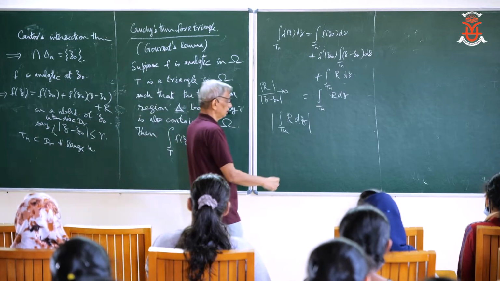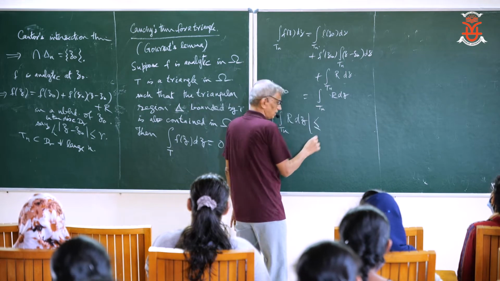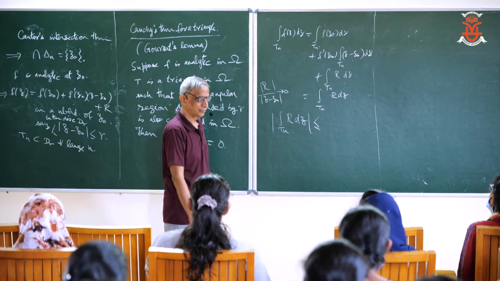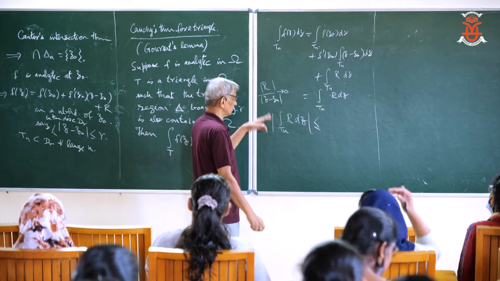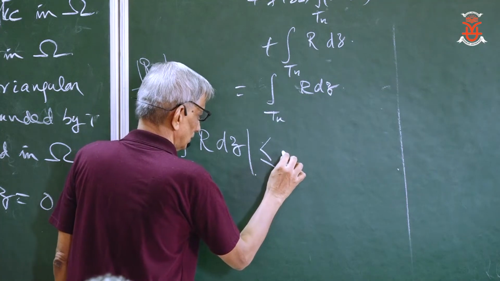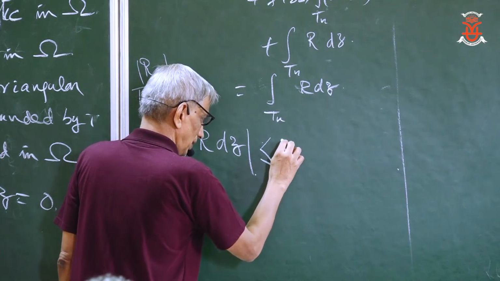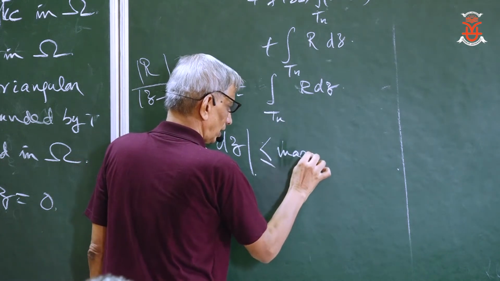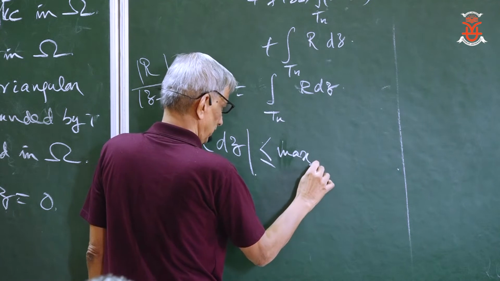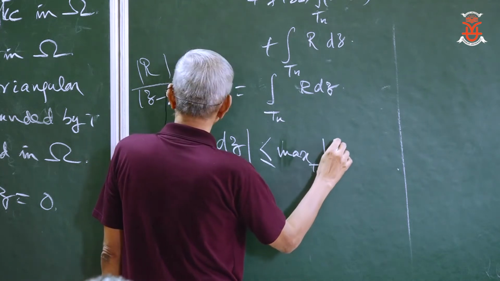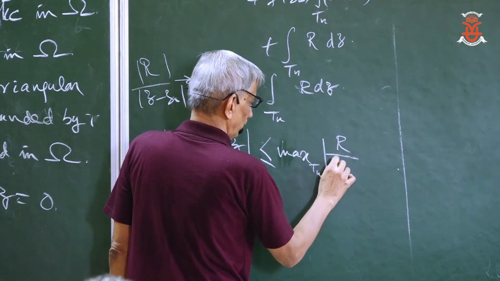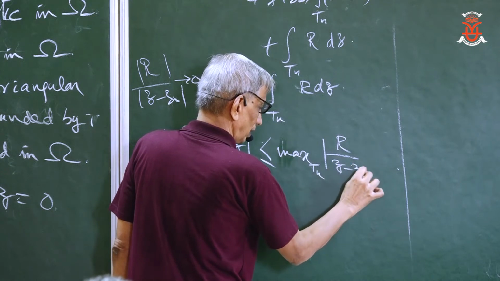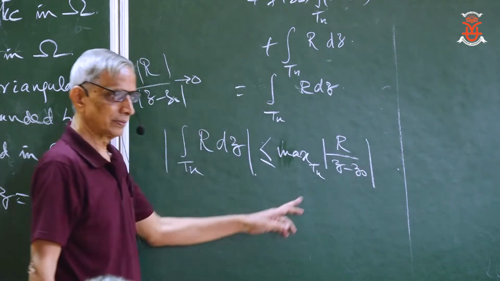So we can write that this is less than or equal to, you call this M, the maximum over Tn of R over mod z minus z naught.